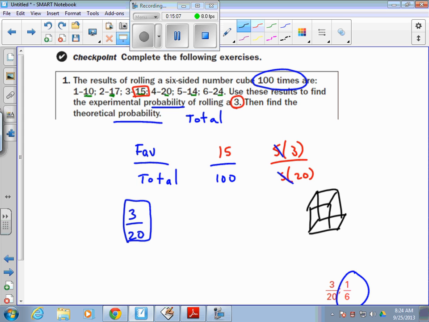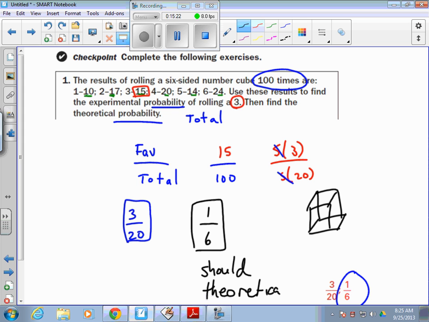So out of 100, you've gotten 1 out of 6. 1 out of 6 is your theoretical. This is what it should be, or the theoretical, and this is what it was based on the experiment. This is what actually happened.